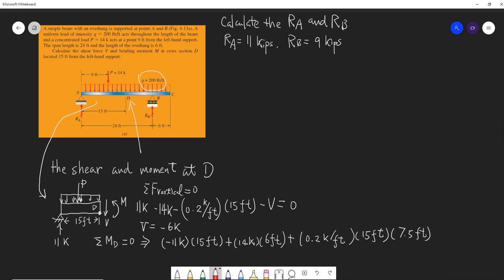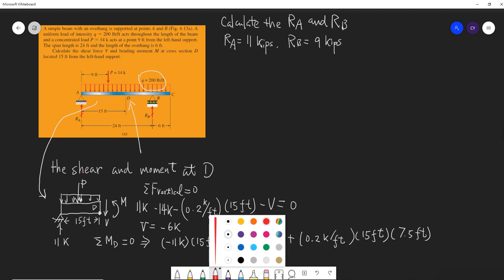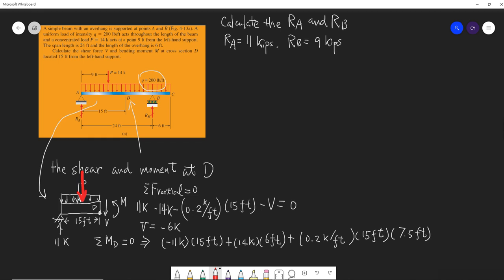I think it's better to use this red color for the equivalent concentrated load.